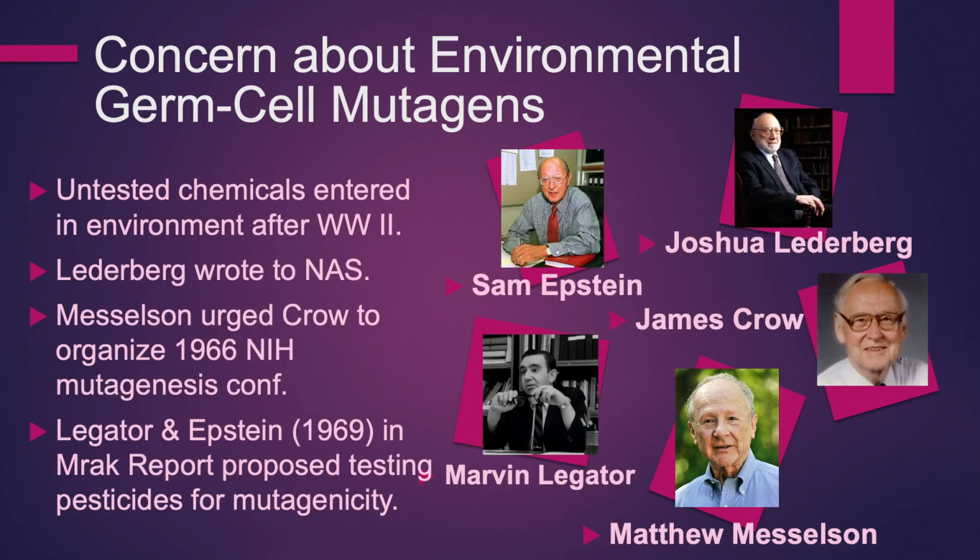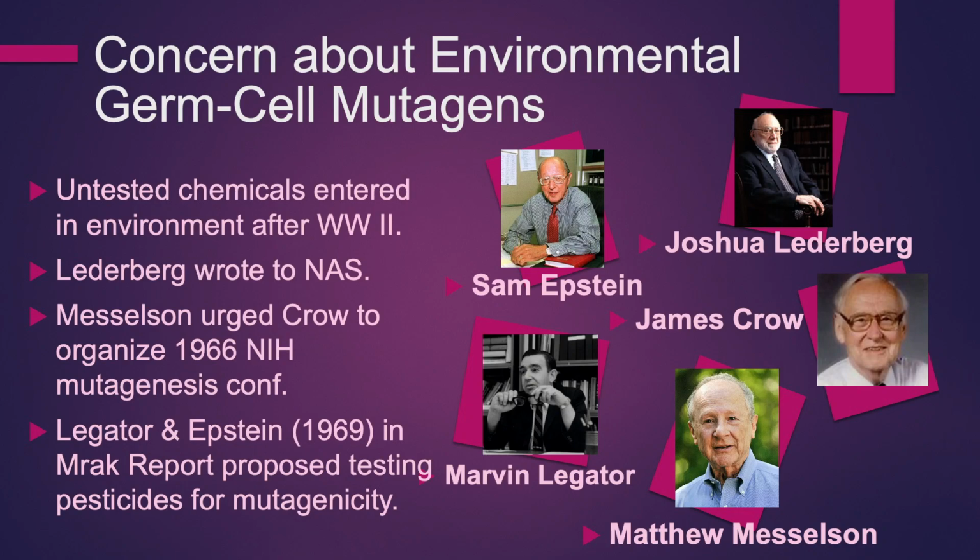Meselson at Harvard urged James Crow at Wisconsin to organize an NIH conference in 1966, which was the first conference on environmental mutagens. It was sponsored by NIH and brought together all the leaders in the field, specifically to discuss the issue of germ cell mutagens in the environment.